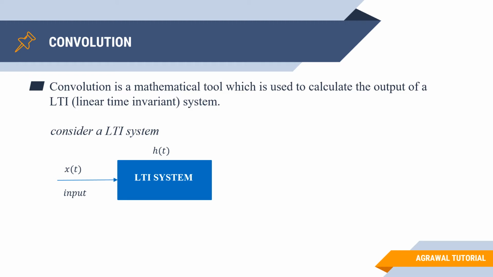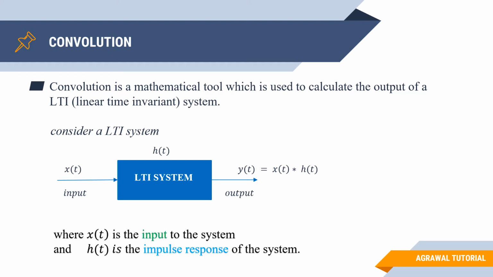Then the output of the system, say y(t), will be equal to the convolution of the input signal and the impulse response of the system, that is, y(t) equals the convolution of x(t) and h(t).